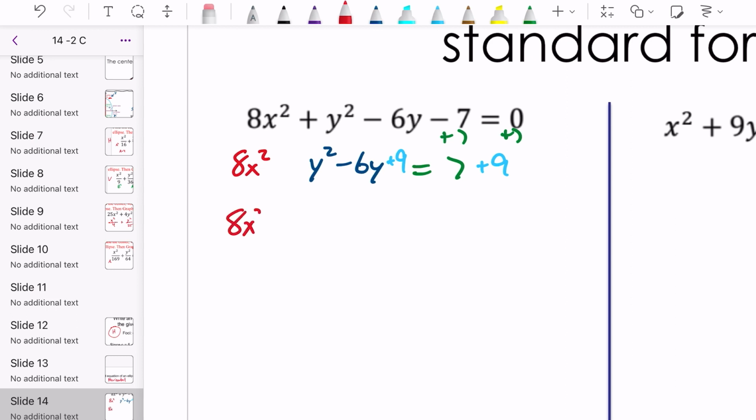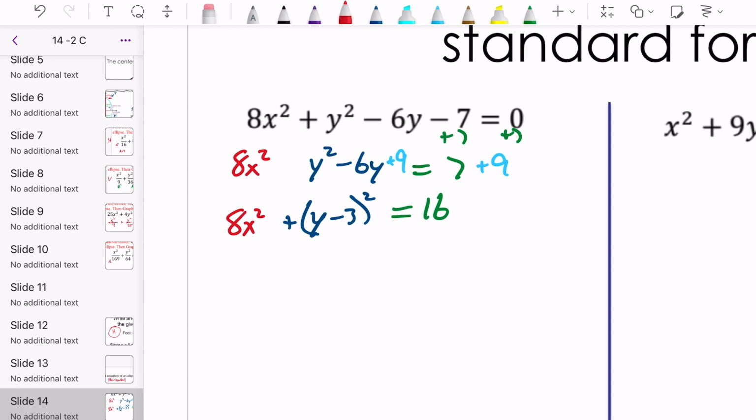So 8x squared plus y minus 3 squared is equal to 16.